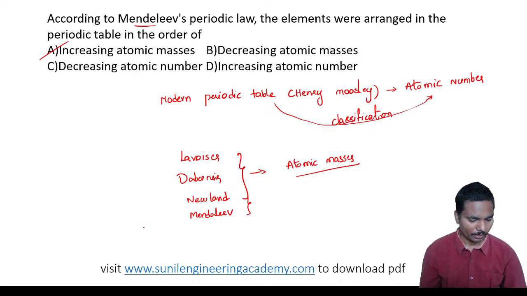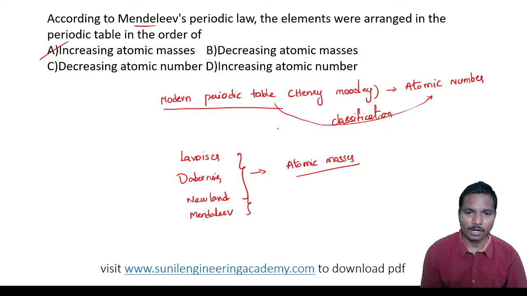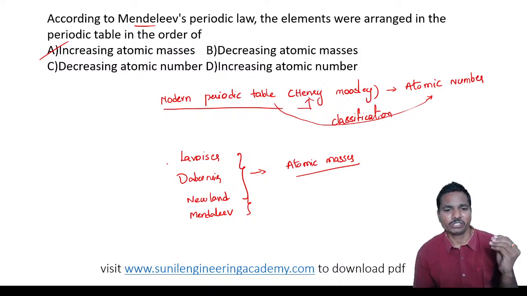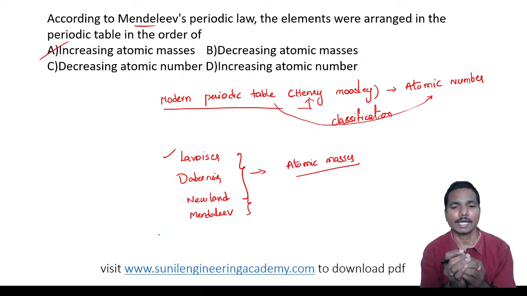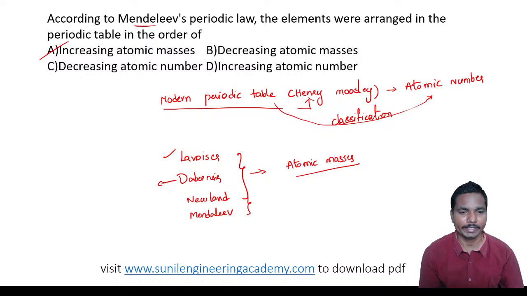Coming to the next one. Not atomic number. Atomic number is only in the modern periodic table, Henry Moseley's periodic table. In the remaining ones, Lavoisier gave the idea of classifying elements into metals and non-metals, then Dobereiner's triads, Newlands' octave theory, and Mendeleev's periodic table.